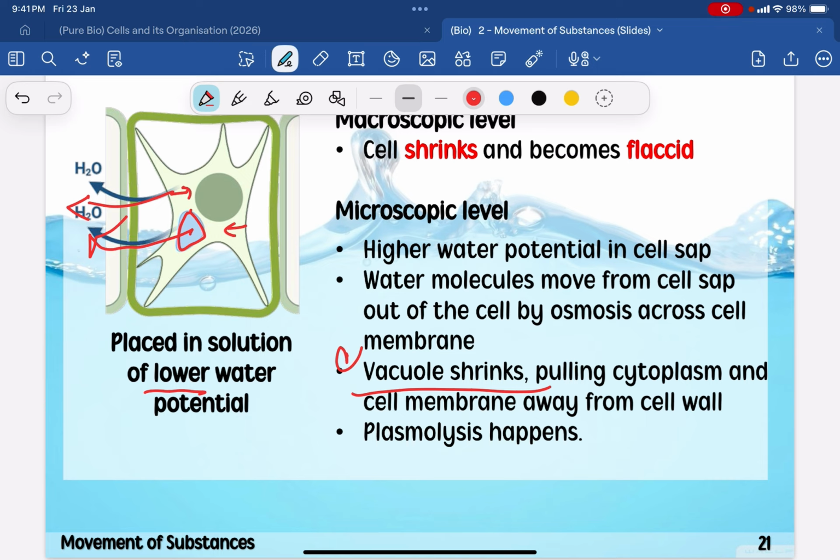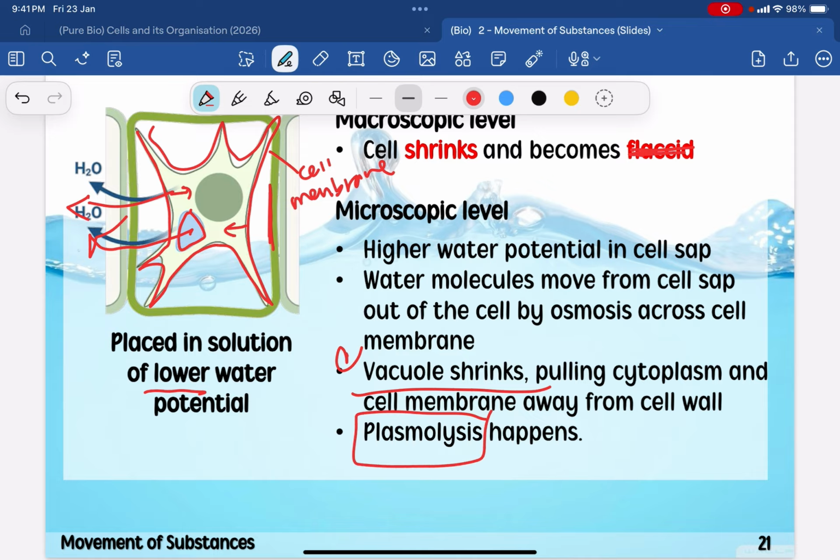When you pull the cytoplasm away, pay attention that this is actually the cell membrane. Originally, the cell membrane will have touched the cell wall. When the cytoplasm shrinks away, you will get the cell membrane very, very obvious. Please don't be confused. Alright, so plasmolysis happens.